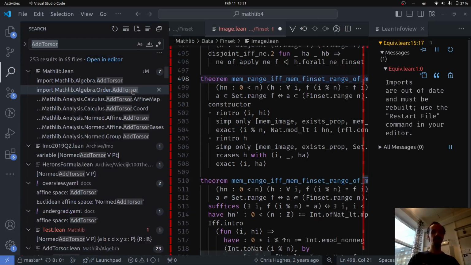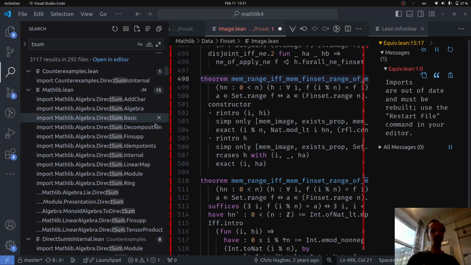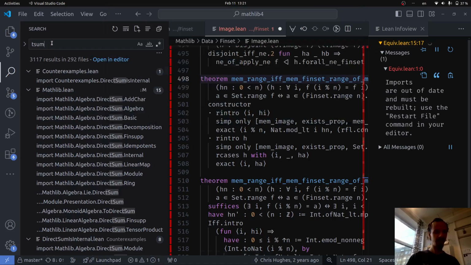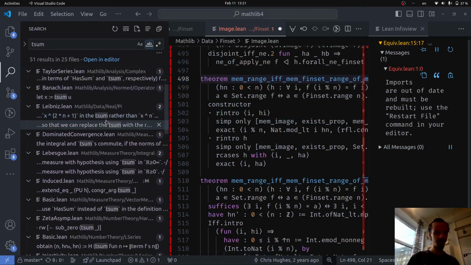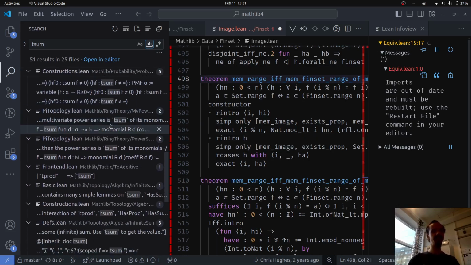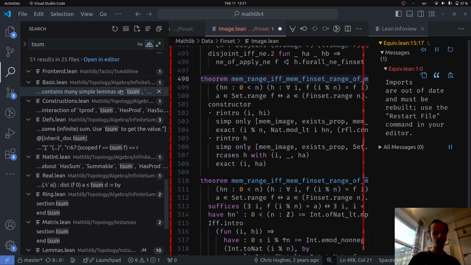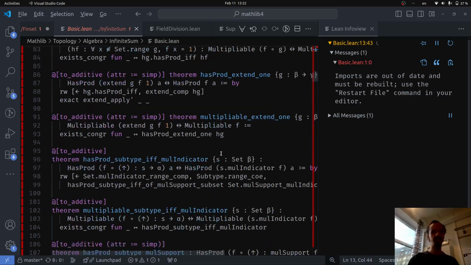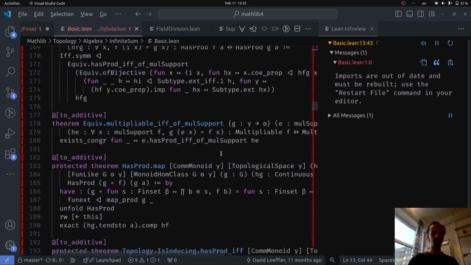Like, I heard that there was something about infinite sums called tsum. I need to do a full research of this. So if I go to where tsum is defined, which I think is this one, then I will see the kinds of things that can be stated about it.